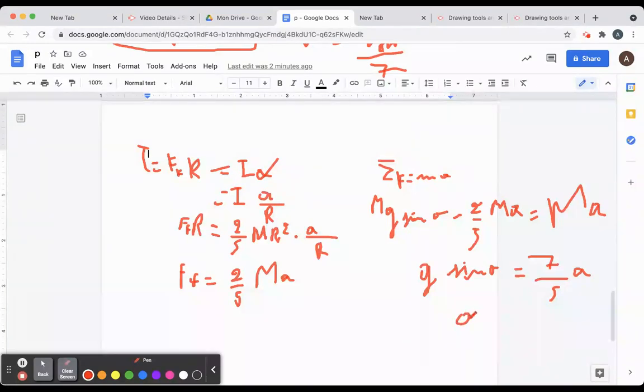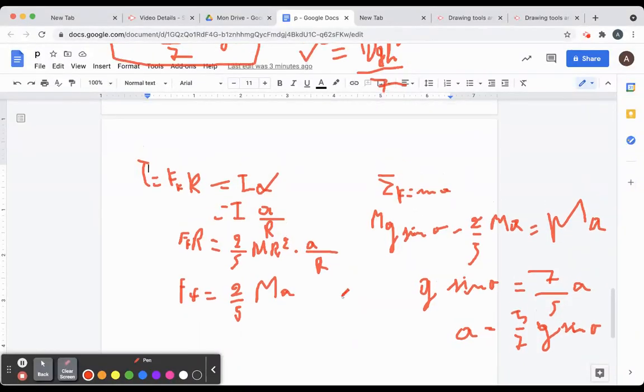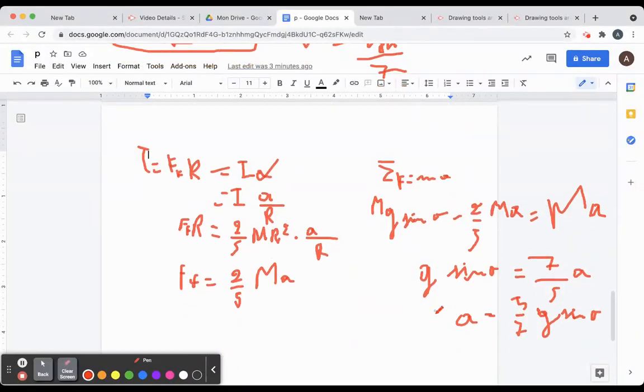And A will be equal 5 over 7 g sine theta. So this is the answer for B1.